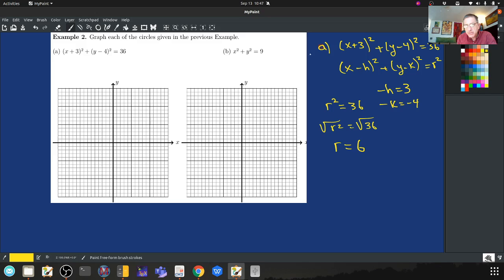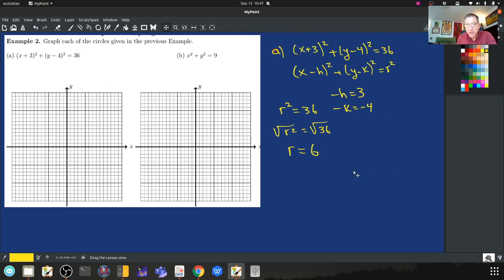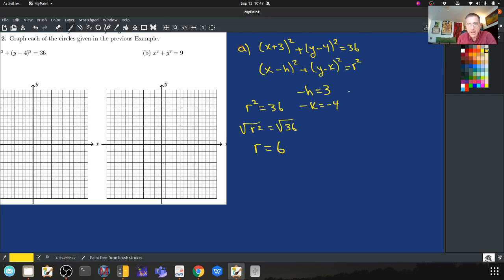So that means, this is always the hard part right here, and I don't know why, that means h, I'm going to multiply both sides by a negative, that means h is equal to −3, and this means k is equal to 4. So the point (h, k) is equal to (−3, 4). So now we have our center point.